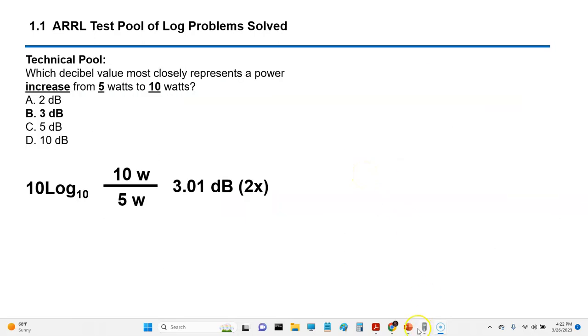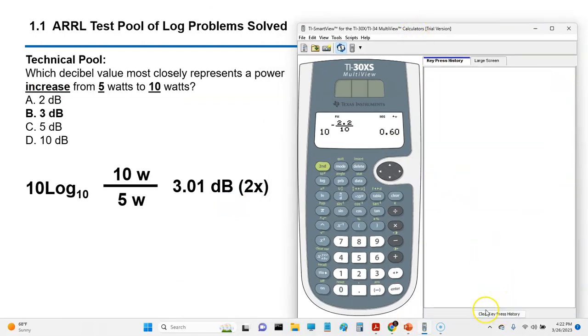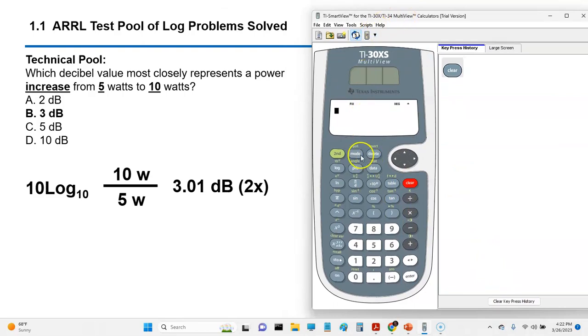All right, let's go ahead and work some problems. These are from the technician pool. First, let's clear the calculator, and let me check something real quick here. We are in degree and all that looks good. So the first problem says what decibel value most closely represents a power increase from 5 watts to 10 watts.